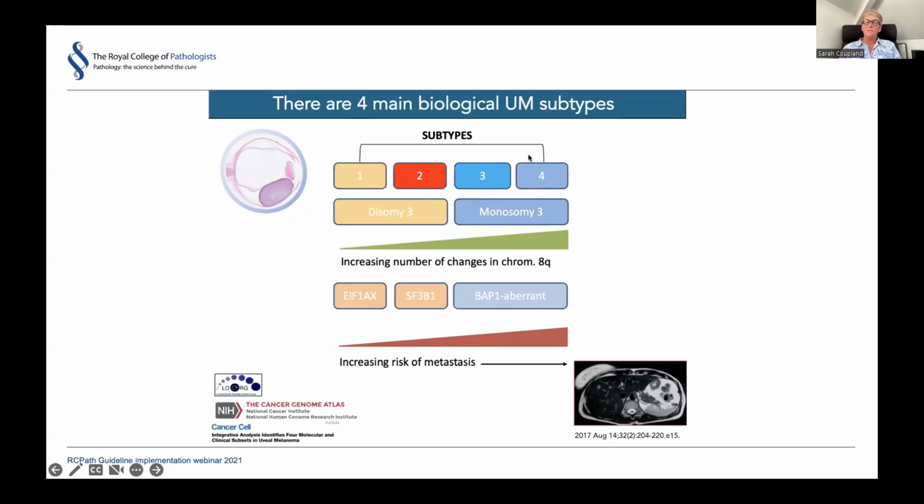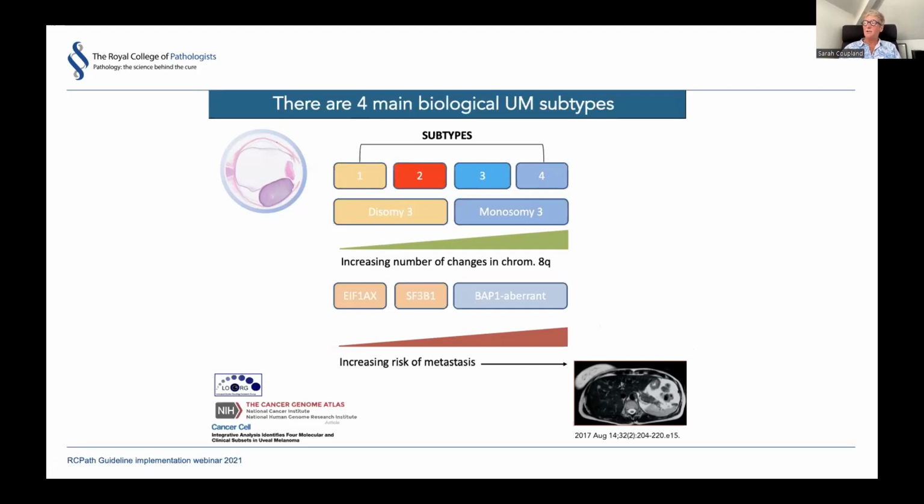So you can see that subgroups 3 and 4 are characterized by monosomy 3 and BAP1 mutation, whereas subtypes 1 and 2 have a normal chromosome 3 and either an EIF1AX mutation or an SF3B1 mutation. And as one moves from subtype 1 to subtype 4, there's an increasing risk of metastasis, and typically these metastases occur in the liver.